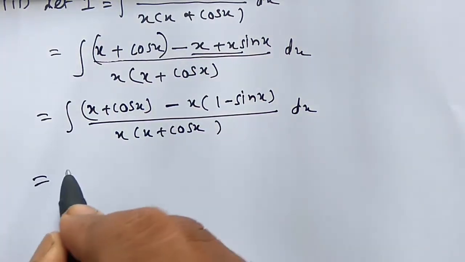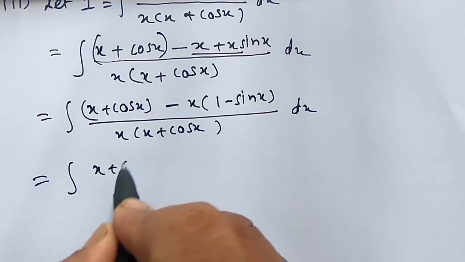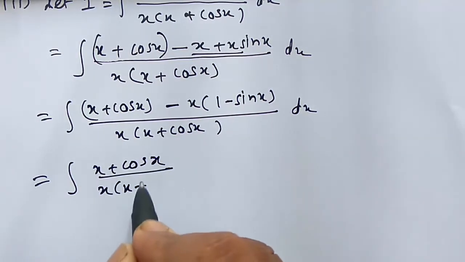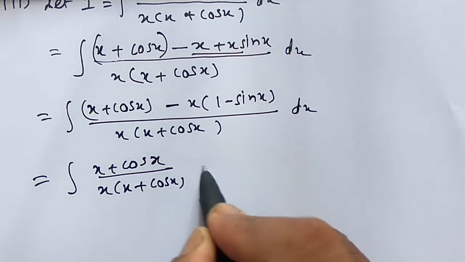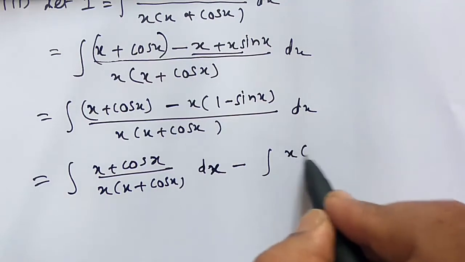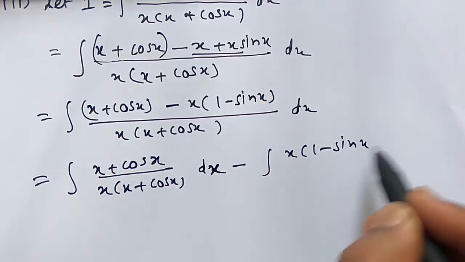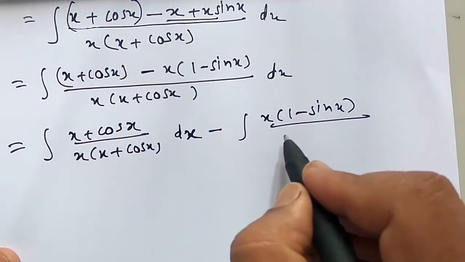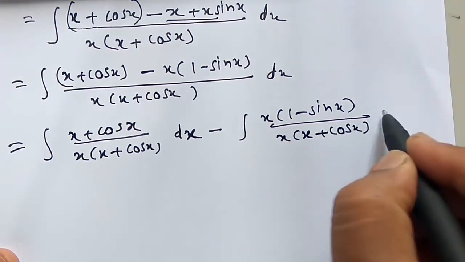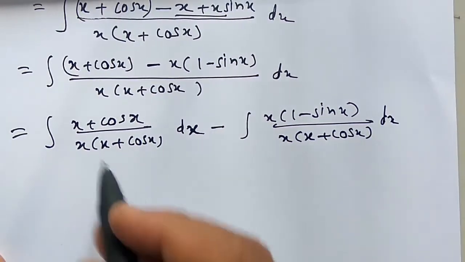So this is equal to integration of x plus cos x upon x into x plus cos x dx minus x 1 minus sin x upon x into x plus cos x bracket complete dx.